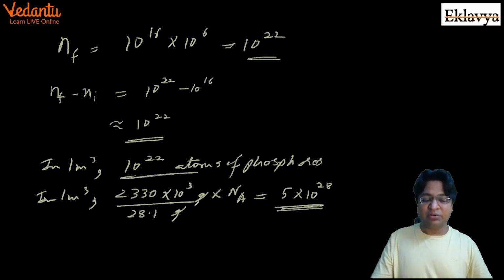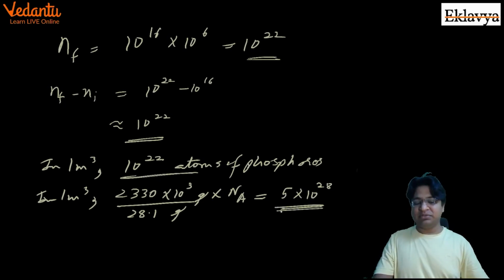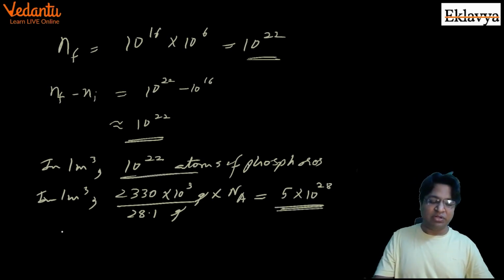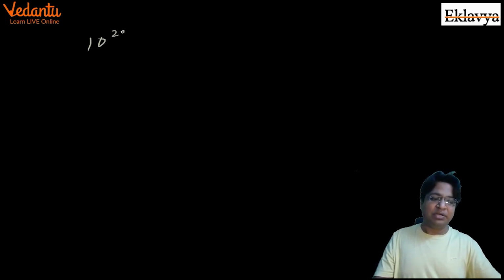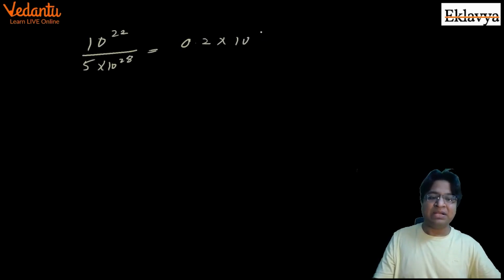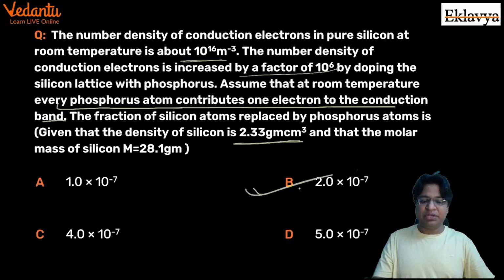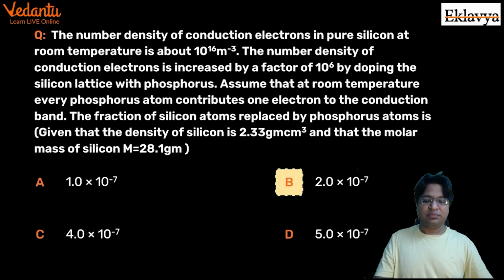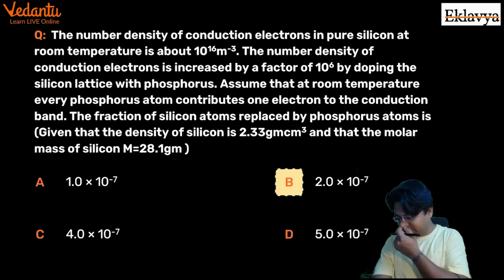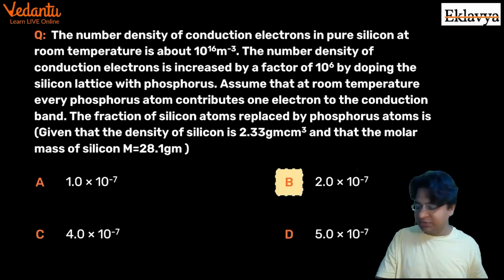We are trying to calculate the fraction of phosphorus atoms, so just take the ratio. 10 raised to power 22 divided by 5 into 10 raised to power 28 is 0.2 into 10 raised to power minus 6, or 2 into 10 raised to power minus 7. So option B would be the right one.